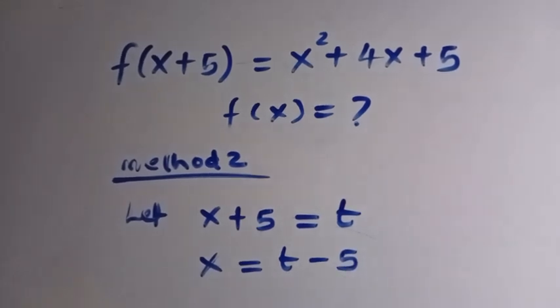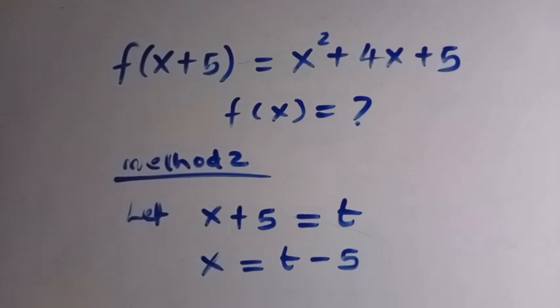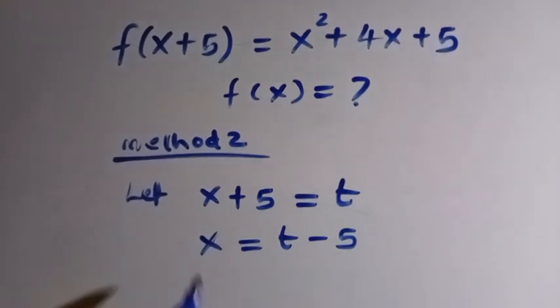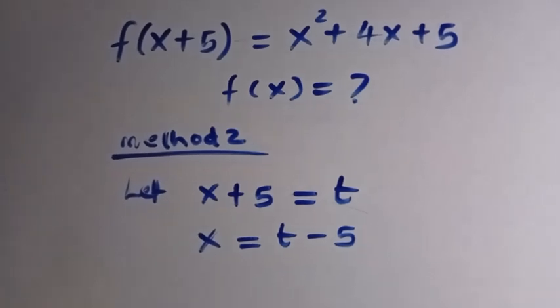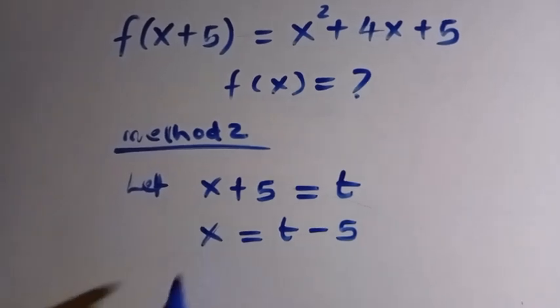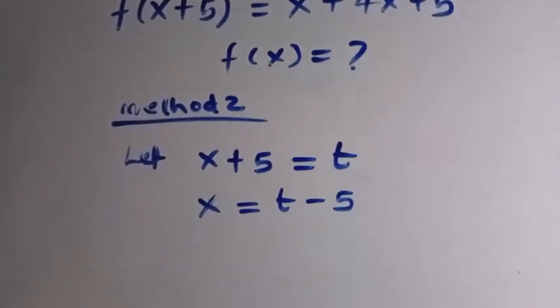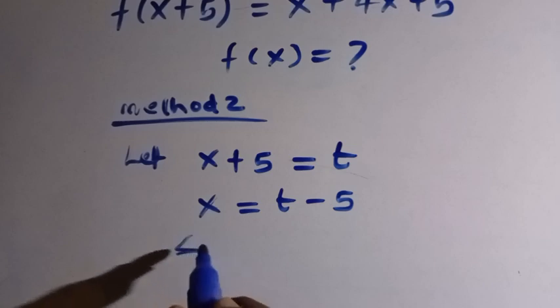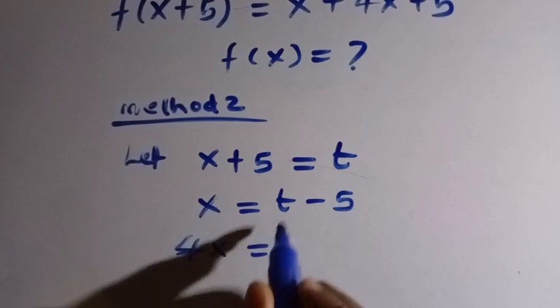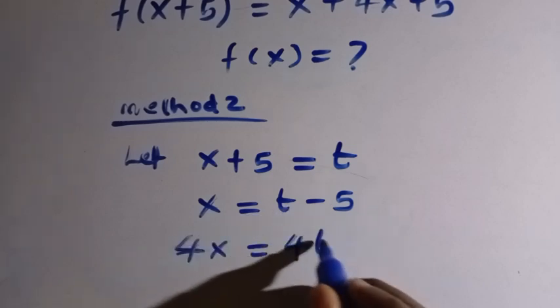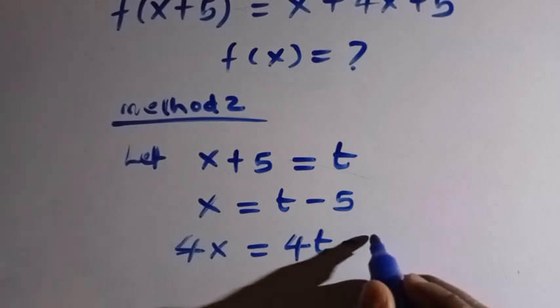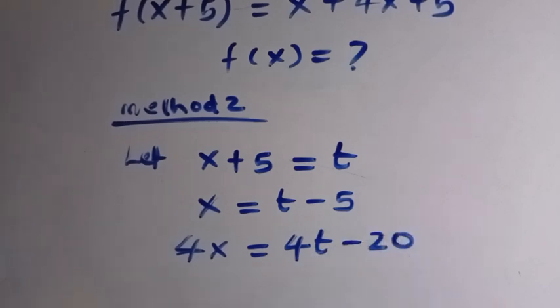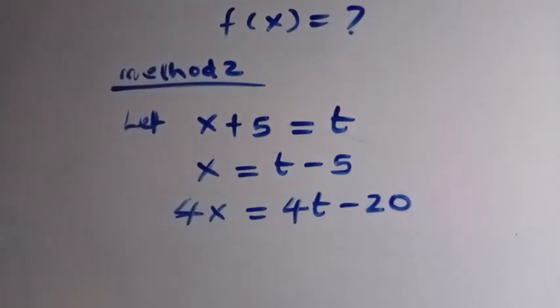From the right hand side, we have x squared plus 4x plus 5. I need x, and this is our x. But I also need 4x, so if I multiply this one by 4, what we have becomes 4x equals 4t minus 20. And I also need x squared.